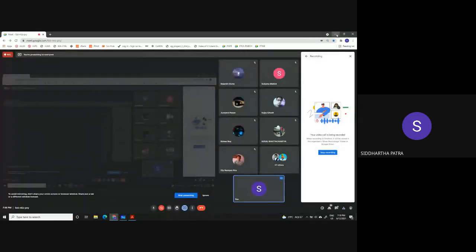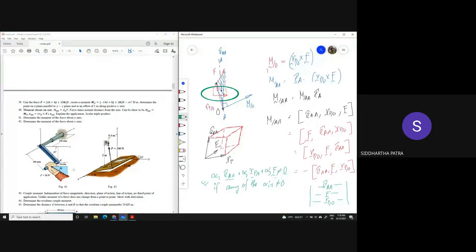Okay. So let me explain what is happening in problem number 41. There is a lever which you can try to rotate by applying a given force, but that lever itself is only free to rotate about the y-axis. So any moment that you apply which is not about the y-axis is not completely utilized.